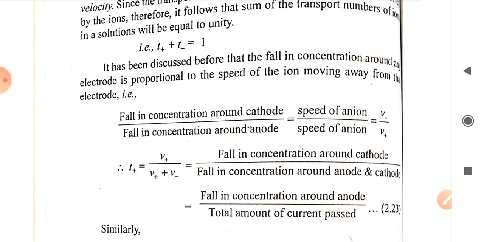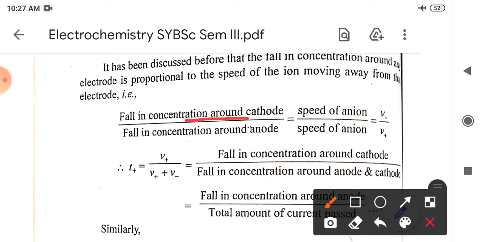So we can simply say that the fall in concentration around the cathode is directly related to the speed of the anion, which is v minus, and the fall in concentration around the anode is related to the speed of the cations, that is v plus.